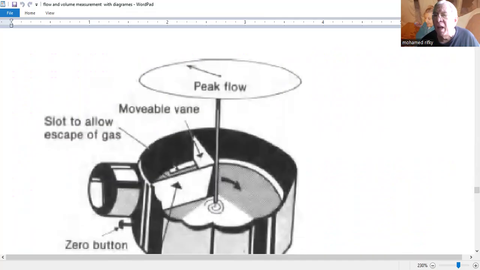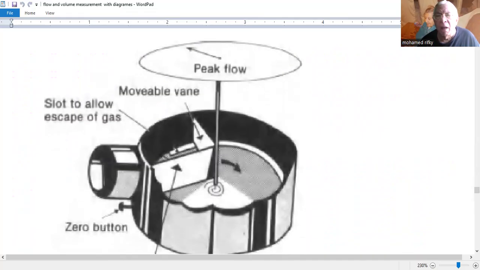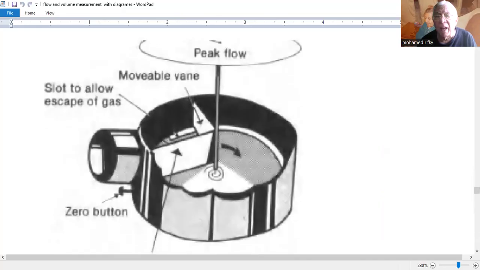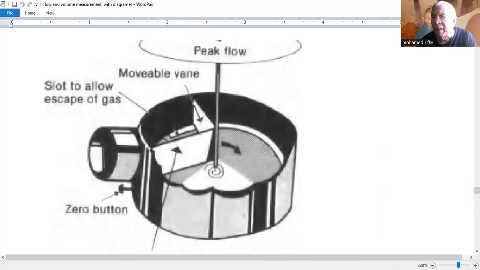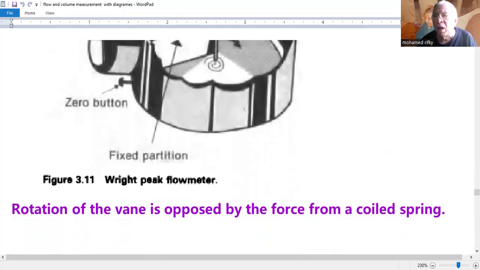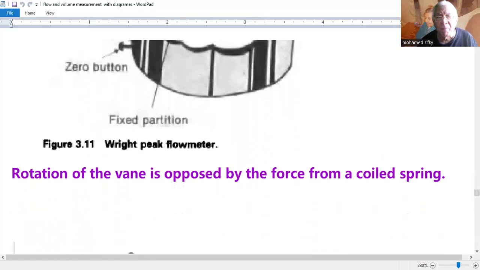And this is the peak flow meter, where we have the vane, and we have the opening of the slit, and we have, of course, the ratchet that keeps the vane in position after the patient expires, and then we have, of course, the button to release to get the instrument to work from the beginning.